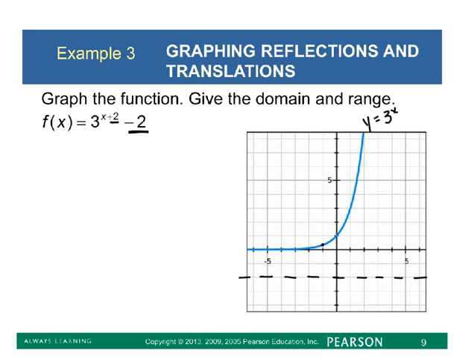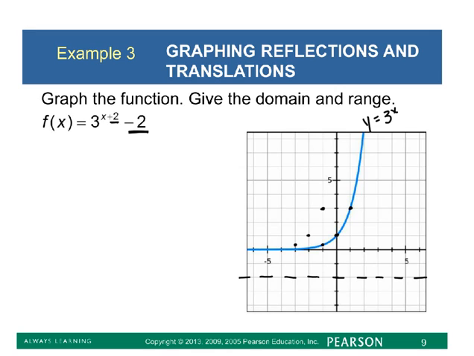So (-1, 1/3), (0, 1), and (1, 3). I'm going to move those points over 2 units to the left. So here, here, and here. Oh, and then down.